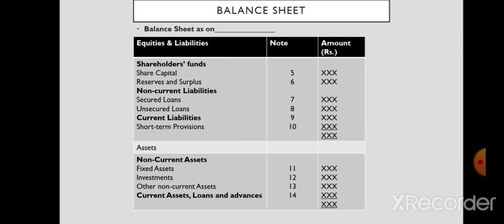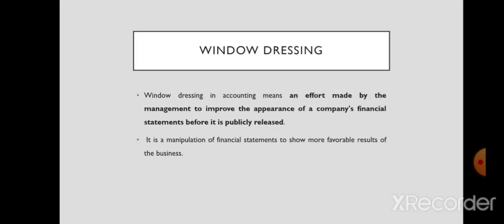So now we also will be discussing about window dressing. So what is this window dressing? Students, we know that why we prepare financial statements is to provide them for various purposes of the parties involved in the business.